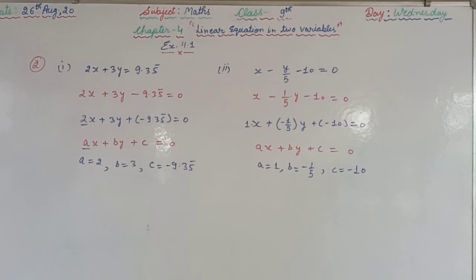Now question number 1 of exercise 4.2. Which of the following options is true and why? y is equal to 3x plus 5 has a unique solution, only two solutions, or an infinite number of solutions. So we should see that question.